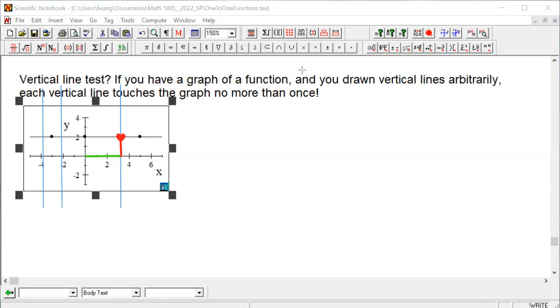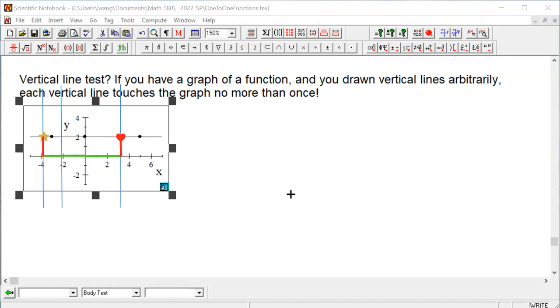Let's look at another case. On this point of touching, just this point, what's the input? This is the input. And what is the output? The output is unique because it touches no more than once.